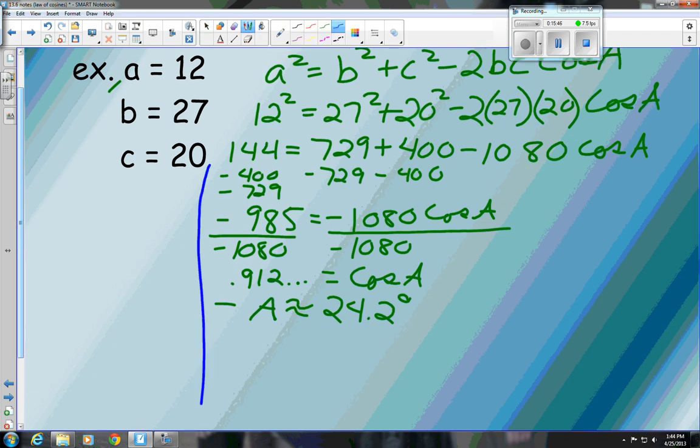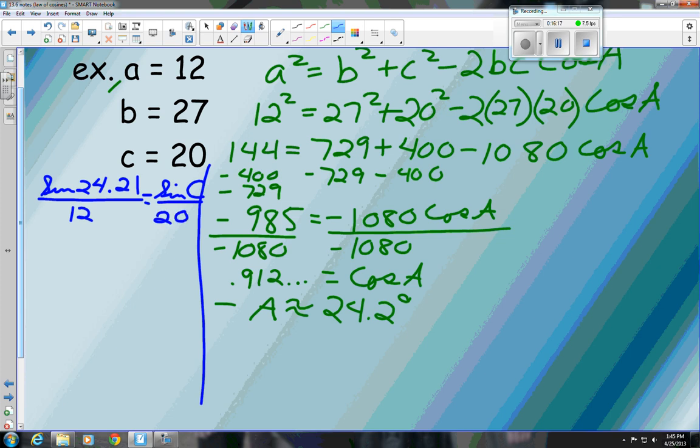We've got sine of A, which is 24.21 since we're doing computations with it, over A, which is 12, equals sine of C over 20. 20 is a nice number to work with.